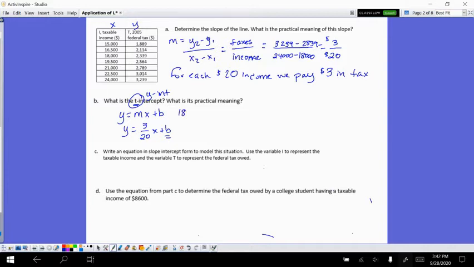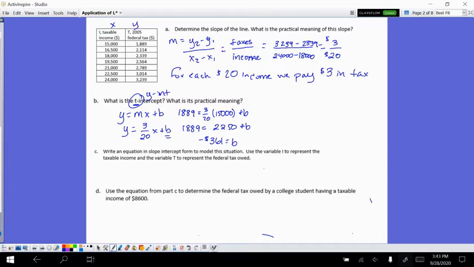So I'll substitute the point that goes with $15,000 income. And again, using Desmos or your calculator, we would multiply. And then to solve for b, we would subtract $2,250 from each side, which would give us negative $361 for b.